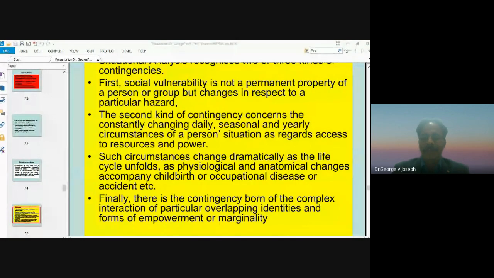Vulnerability is a very complex phenomenon. Anybody want to add? Okay, so let's continue. Yes. Nobody's adding, so okay, continue.